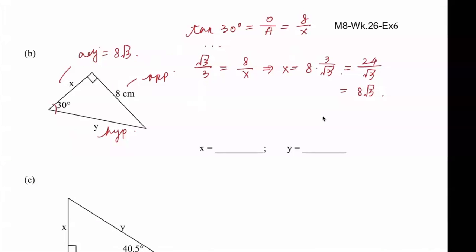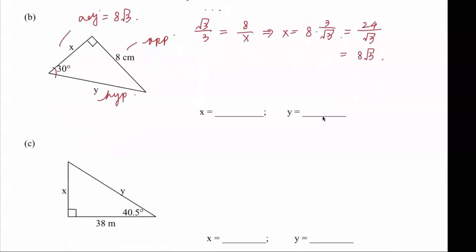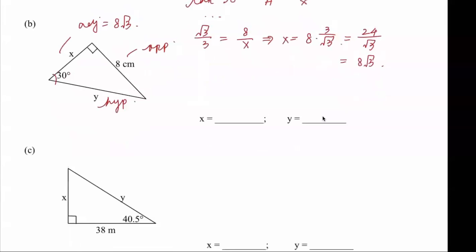we can either use the Pythagorean theorem to find hypotenuse, or we can use cosine, right? Or we can even use sine, doesn't really matter. So now we have a lot of choices. Let's just use cosine. So cosine 30 degrees, we know cosine 30 degrees is equal to A over H, right?